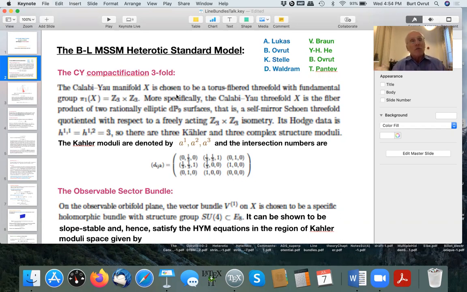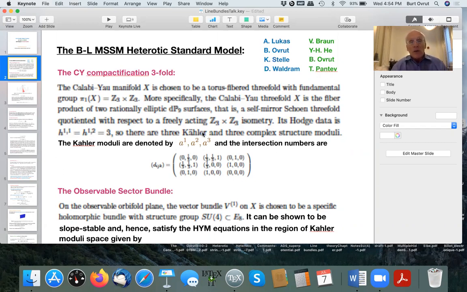Let's look at the observable sector. We take this whole thing and we compactify it on a Calabi-Yau threefold, and putting it mildly, we looked for a long time for a threefold which would give us good answers for low energy physics. This turned out to be a self-mirror Schoen threefold, quotiented by a Z3 x Z3 isometry. h11 and h12 are 3, but we will not discuss complex structure here.